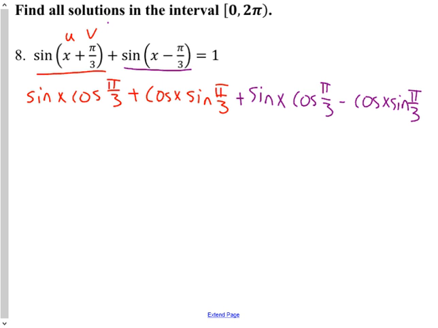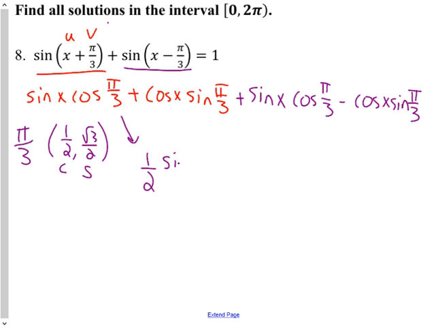And now plugging in, what is pi thirds? Pi thirds is a 60-degree angle. That's going to give us 1/2 and root 3 over 2 for cosine and sine respectively. So plugging it in, we've got 1/2 of sine of x. Kind of flip the order here. This one's half.